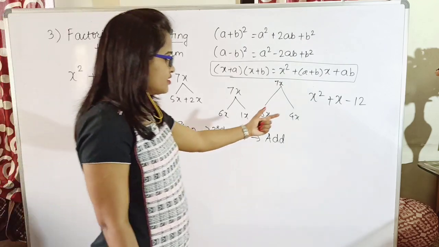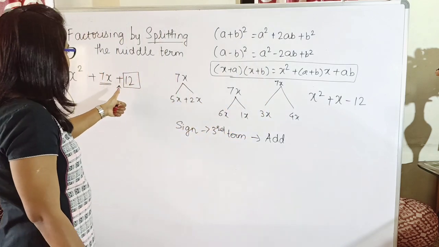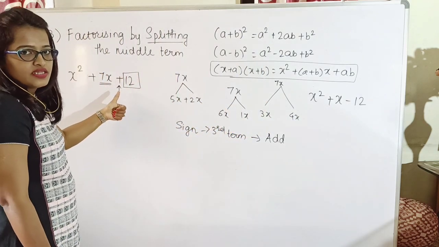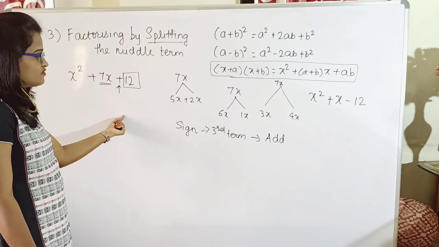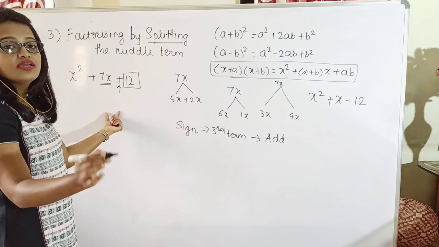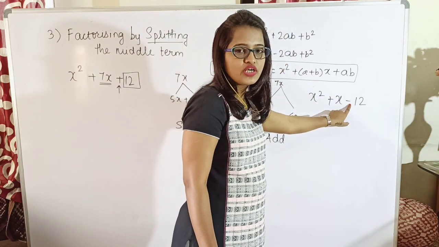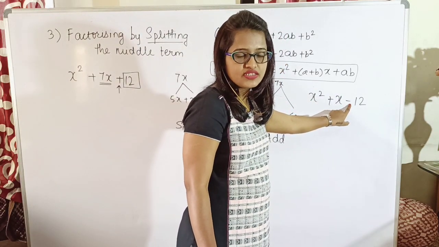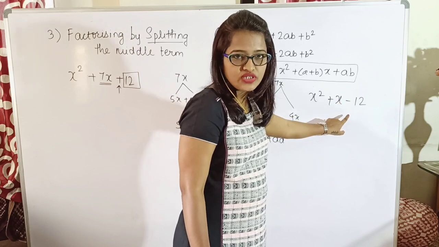So let us solve them together. Now here, what is the sign of the third term? Minus. Here, what is the sign of the third term? Plus. This sign tells me that whatever splitting I am taking of 7x, that has to be added. And this sign of the third term tells me whatever splitting I am taking of x, that has to be subtracted.